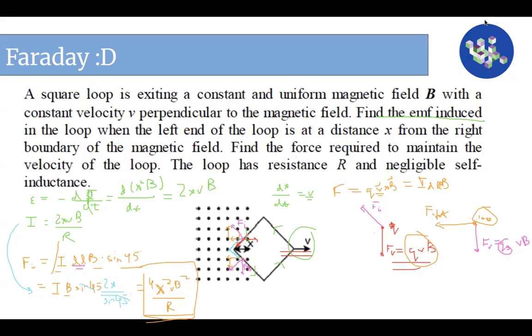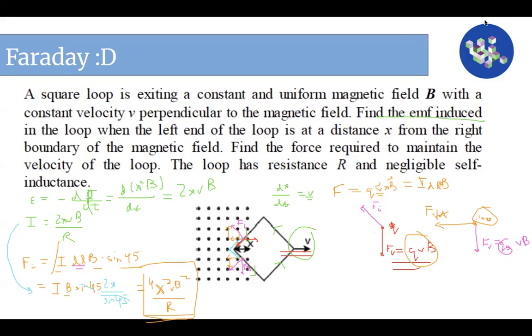So for this question, remember that if you have the square loop exiting the magnetic field, there's going to be an EMF induced because the flux is changing. Due to the EMF, there's going to be a current induced in the wire loop. And because there's a current, there's going to be a Lorentz force because part of the wire loop is still in the magnetic field.